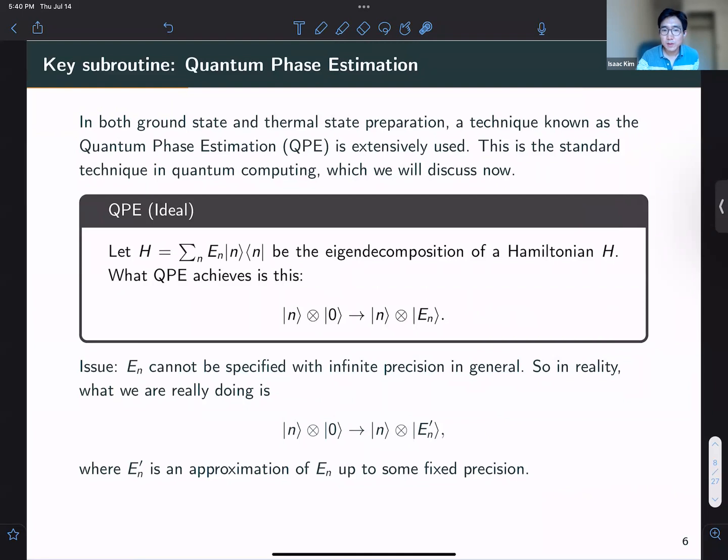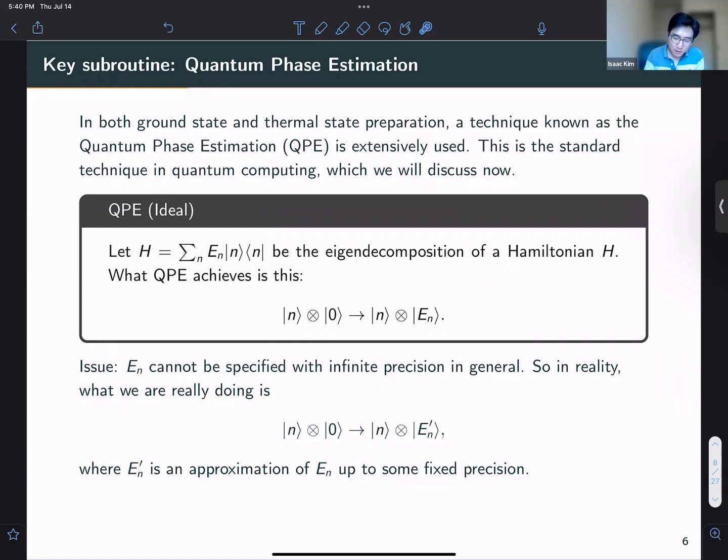There's a bit of a practical issue. What I just said is technically not exactly correct, because if you have a physical system, its energy will not be some round number. In order to specify it exactly, you will need infinite precision.